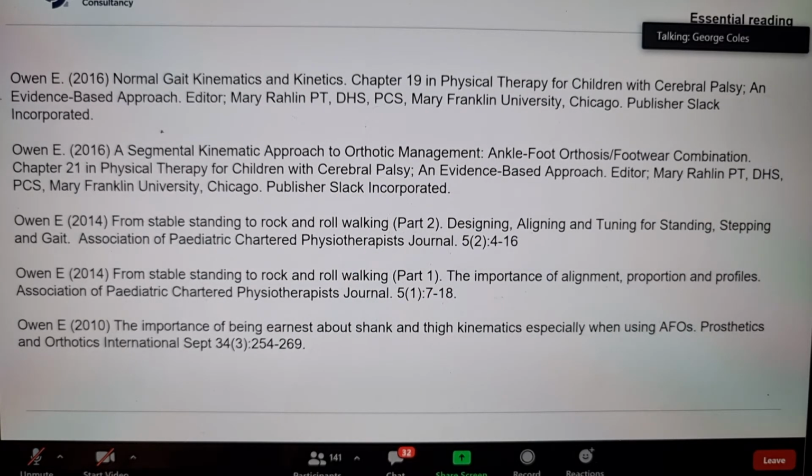First of all, we have some essential readings. When people hopefully come back and look at the presentation, you can have a look at these. Most of these, or all of them, are from Elaine, as most of our research and thinking comes from her, which is why most of the stuff will be referencing her opinions, her training.